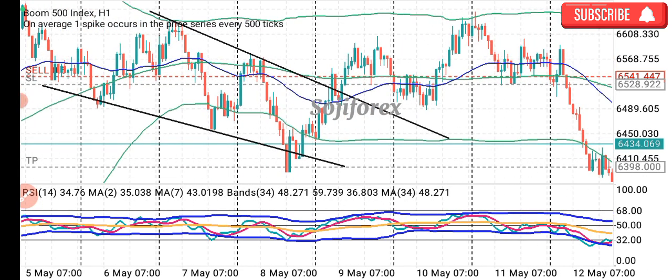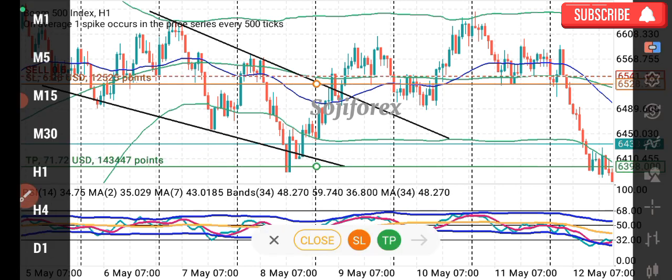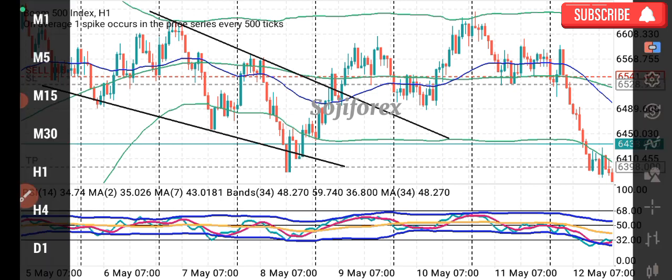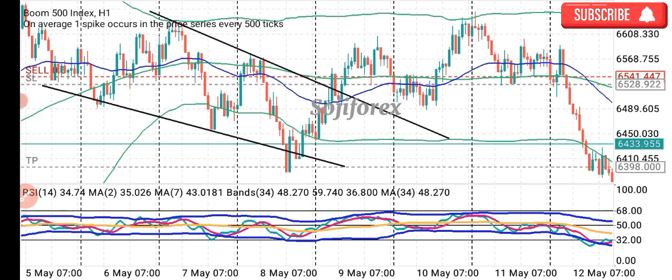So in today's video, I want to share with you a simple way of analysis and how you can make your entries, just keeping things simple. Looking at this trade from this area, you'll see that the market is on a downtrend. This is our trend line, and the market has been on a downtrend.